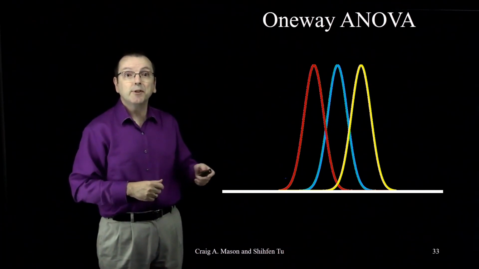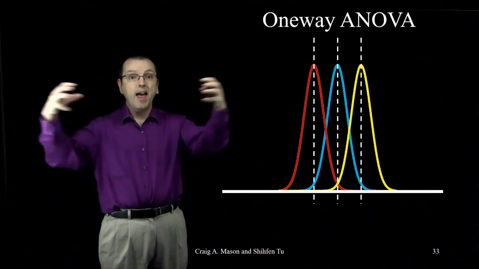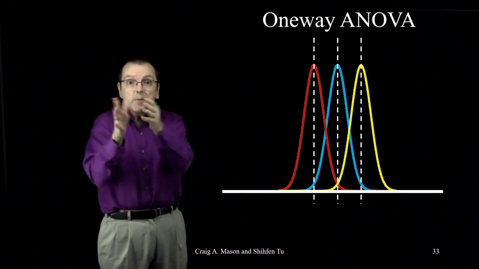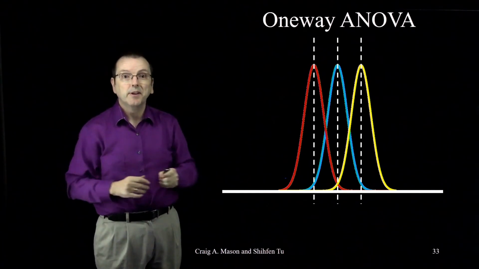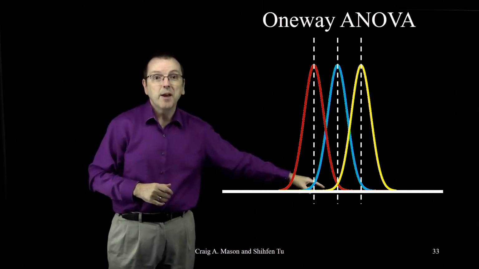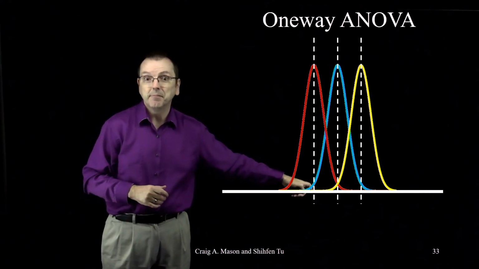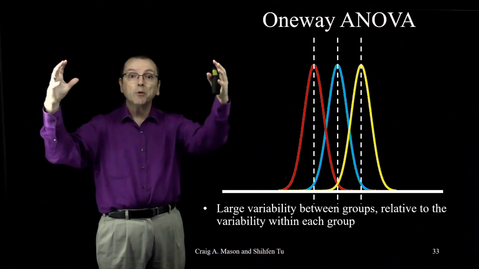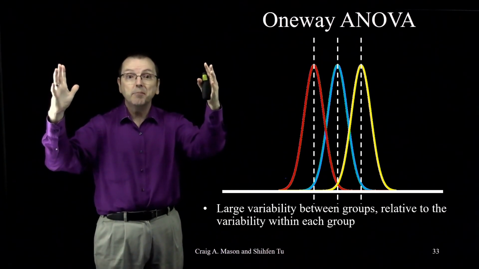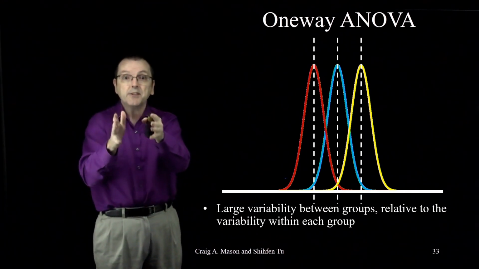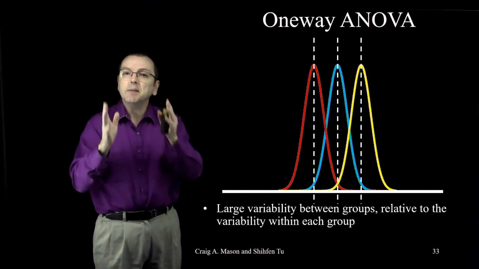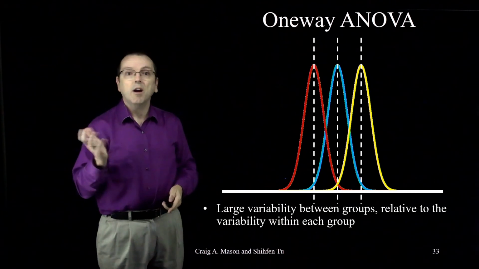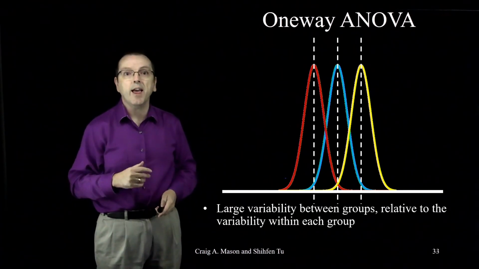Notice that the difference between the means is now much larger relative to the variability within each group. In fact, look, 2 of the groups barely even overlap. If the variability between the groups is large compared to the variability within each group, it seems a lot less likely that those differences between group means are just due to random chance.